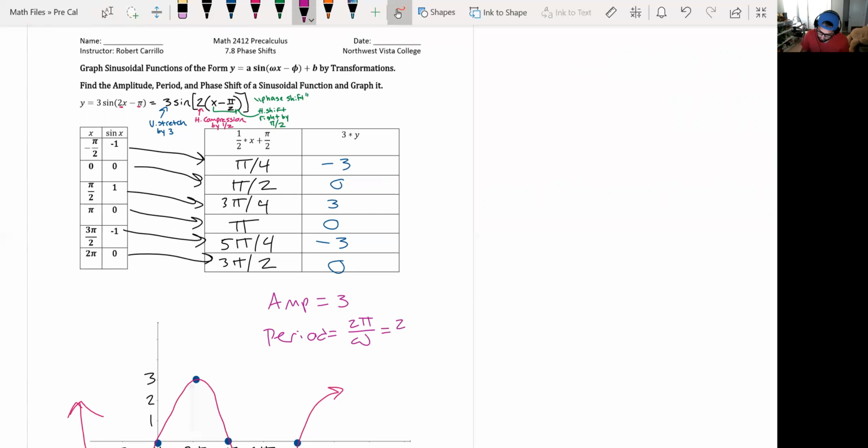So you'd get 2 pi over 2, or just pi. And then the phase shift we have listed above in the green. The phase shift was x minus pi over 2. Okay, cool. Forgot to label those things.